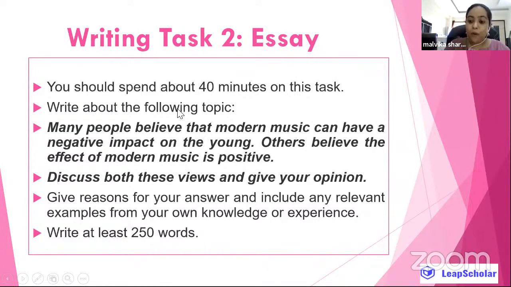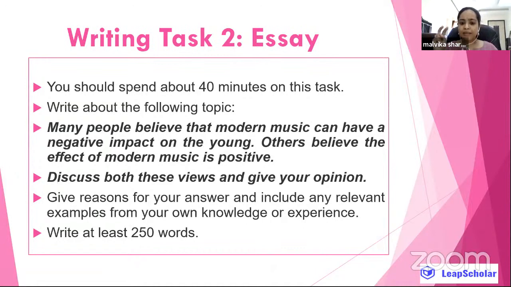So let's see what is our essay question for the day. The question says, many people believe that modern music can have a negative impact on the young. Others believe the effect of modern music is positive. So we have two views, guys.